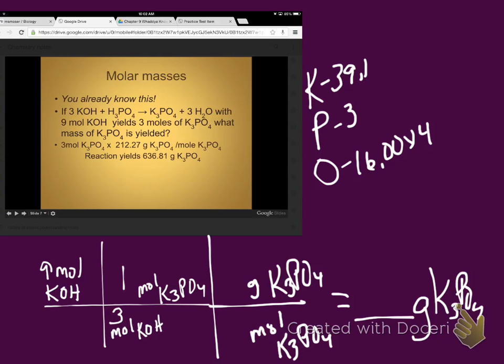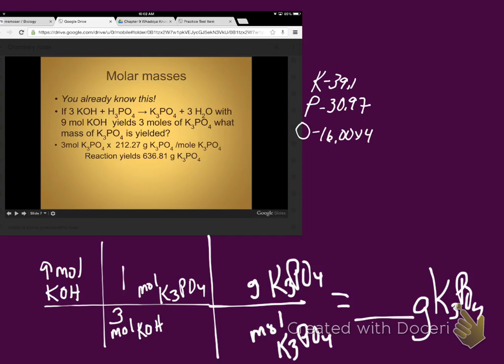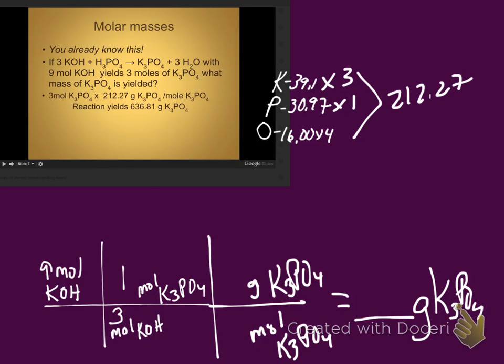No, 30.97. Okay, and that's times 3, that's times 1, that's times 4. What do we get for a total? Who's got it? Okay, so we've got 212.27 is the molar mass of potassium phosphate.